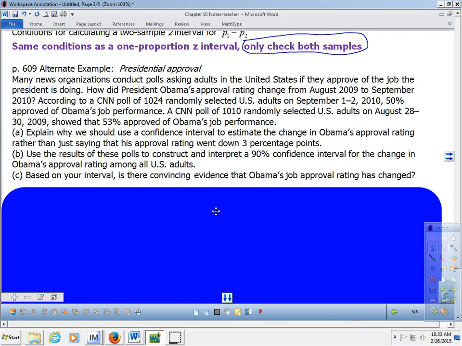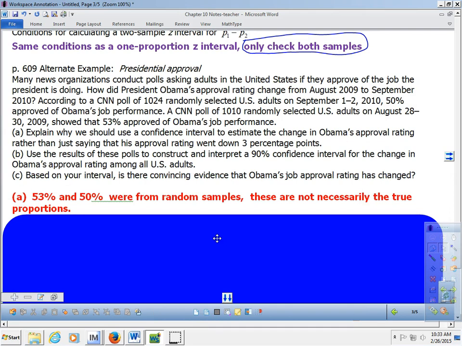So first things first, to answer A, why do we need a confidence interval to estimate the change? Well, there's sampling variability, right? And now there's added sampling variability, because there's two samples now, and each one has their own variability. So while 53% and 50% were from random samples, we understand that if you sample again from the same population, you're likely to get a different approval rating.